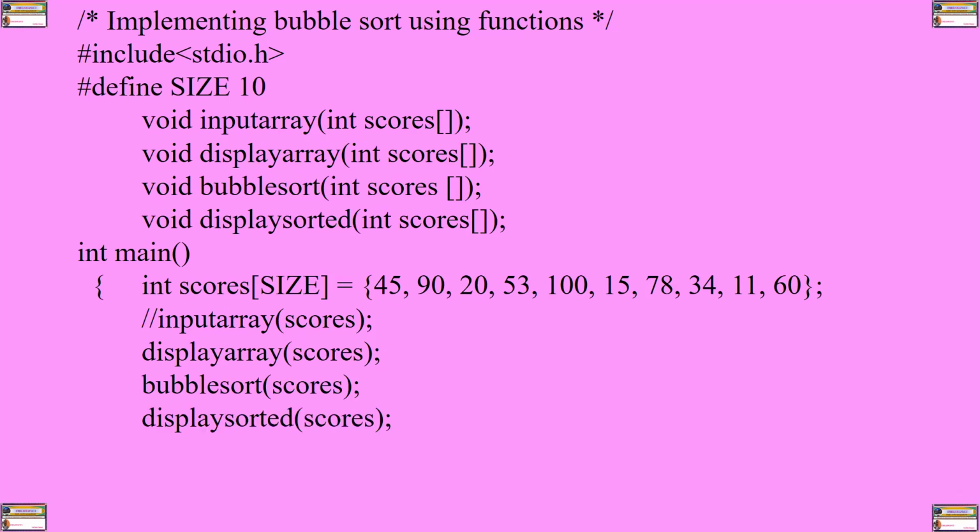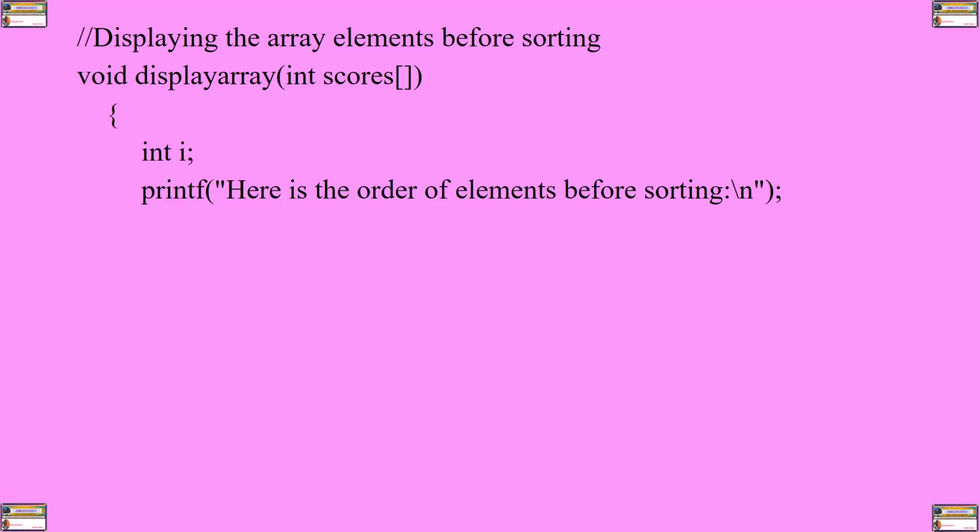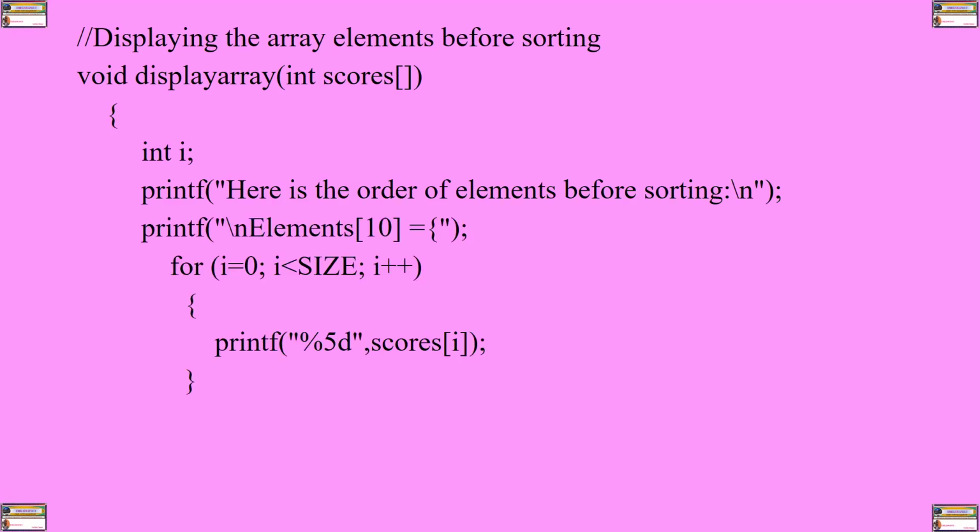So these are function calls, these are call statements. Then the definitions for the functions are here. You can see I have the definition for the function for displaying the array elements, and this function is going to display those elements on the screen.